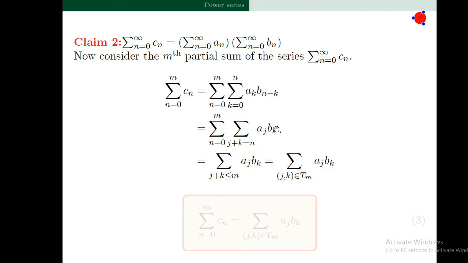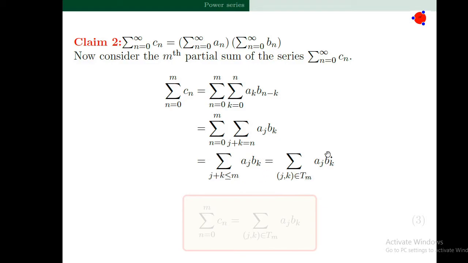But this double summation can be written as a single summation of aj bk such that j plus k is less than or equal to m. But this summation can also be written as summation aj bk, where the summation runs over all lattice points in Tm. In Tm, j plus k is always less than or equal to m.